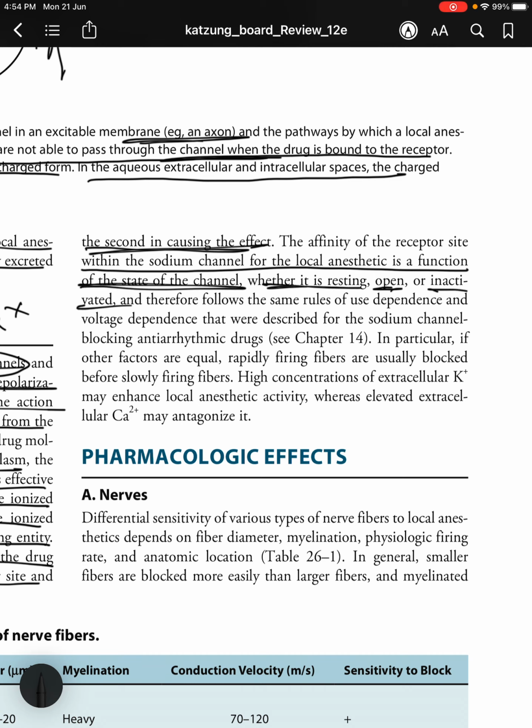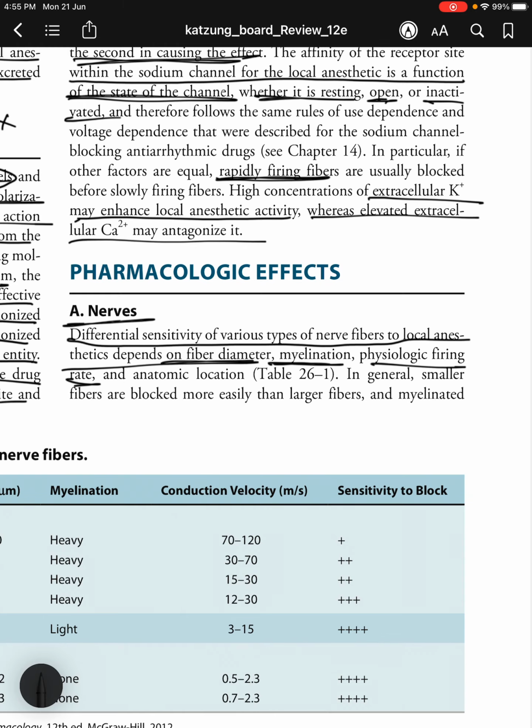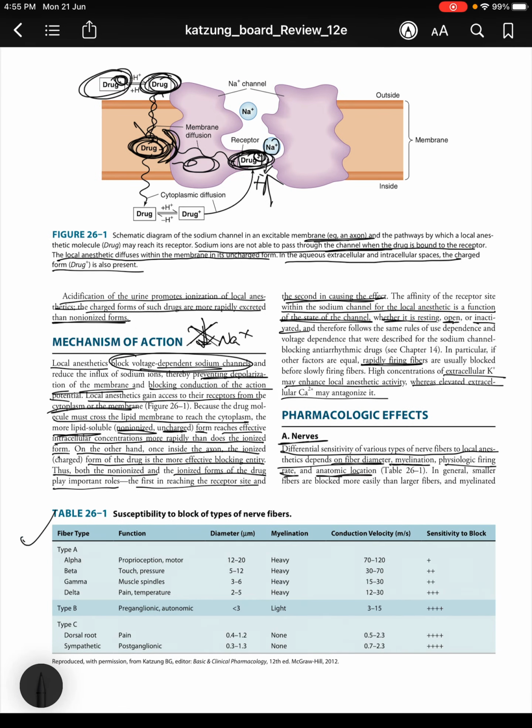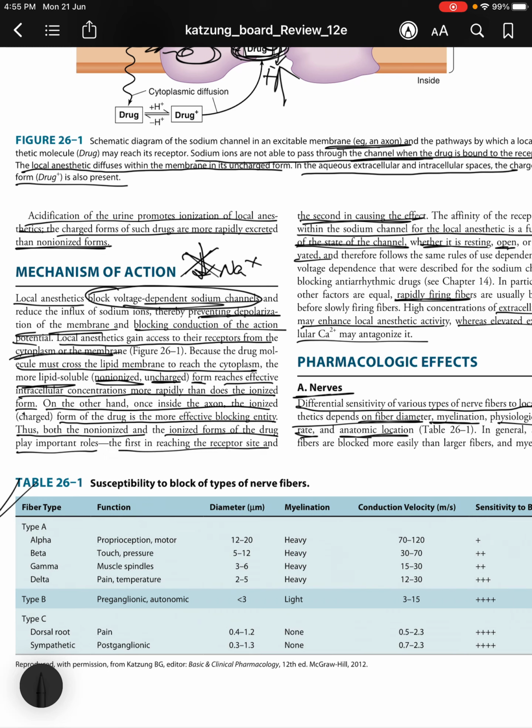Coming to the pharmacological effects, so nerves. Differential sensitivity of various types of nerve fibers to local anesthetics depends on the fiber diameter, myelination, physiological firing rate, and anatomical location, based on this table right here. Okay, so type A alpha fibers are less sensitive to being blocked because they are heavily myelinated, the conduction velocity is the greatest, and the diameter is also quite large.